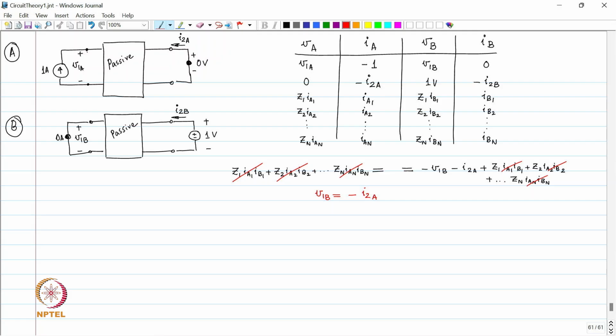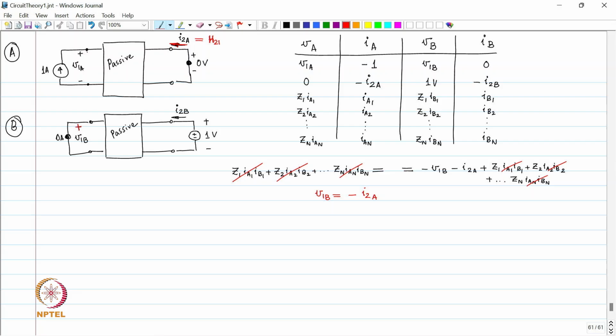What does this tell you? It tells me what was V 1 B? This voltage, and I 2 A is this current. I 2 A was H 21, correct. Port 2 was short circuited, port 1 you applied 1 ampere.